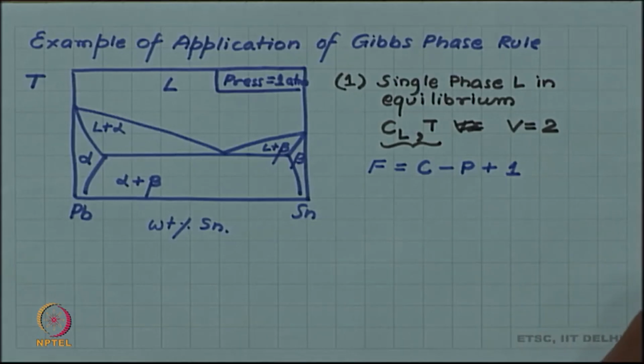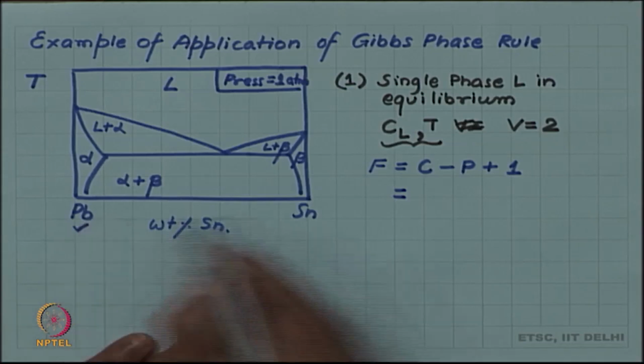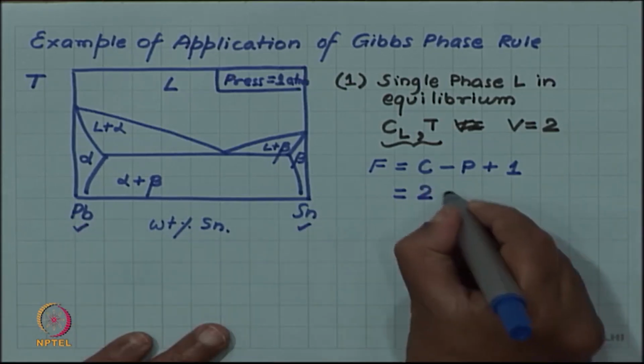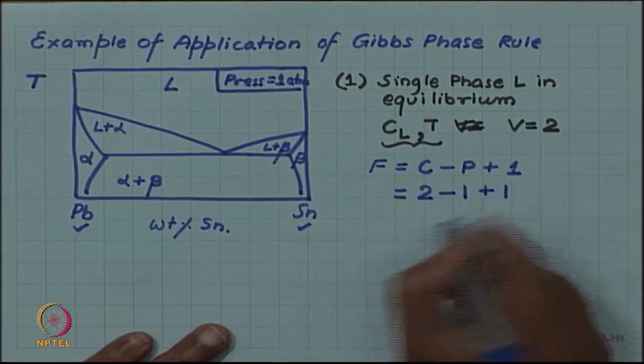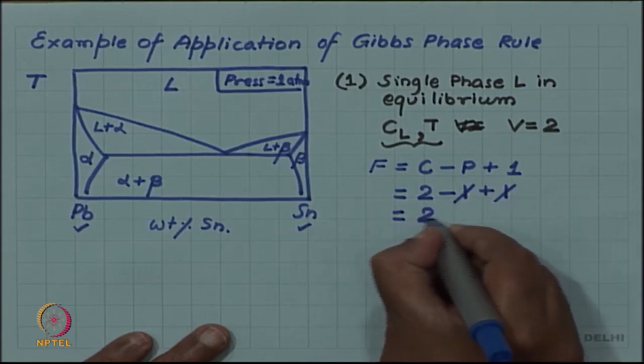So, I have the Gibbs phase rule in this form. The number of components, here the components are lead and tin. So, the number of components is 2 minus the number of phase is 1 plus 1. So, the degrees of freedom is 2.